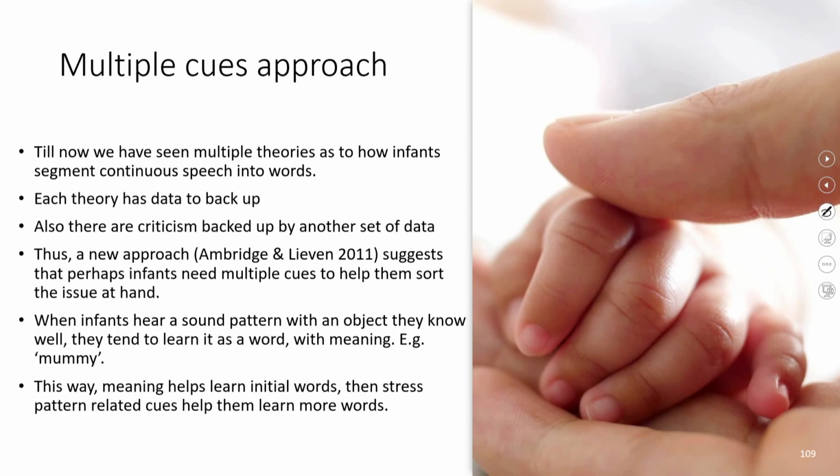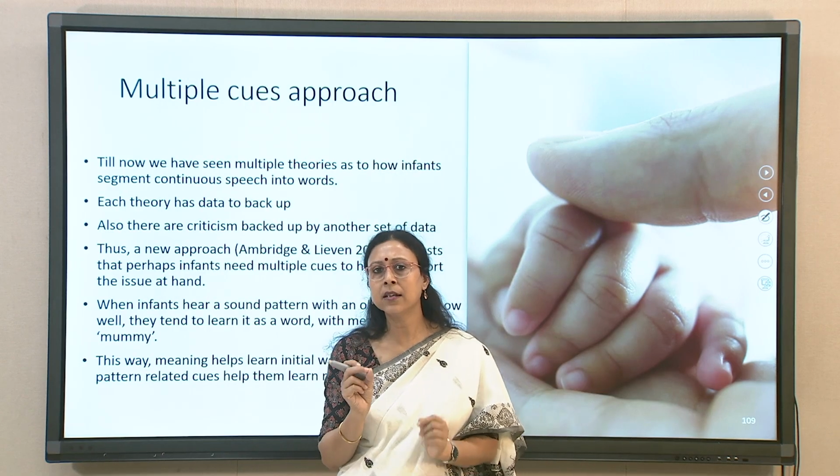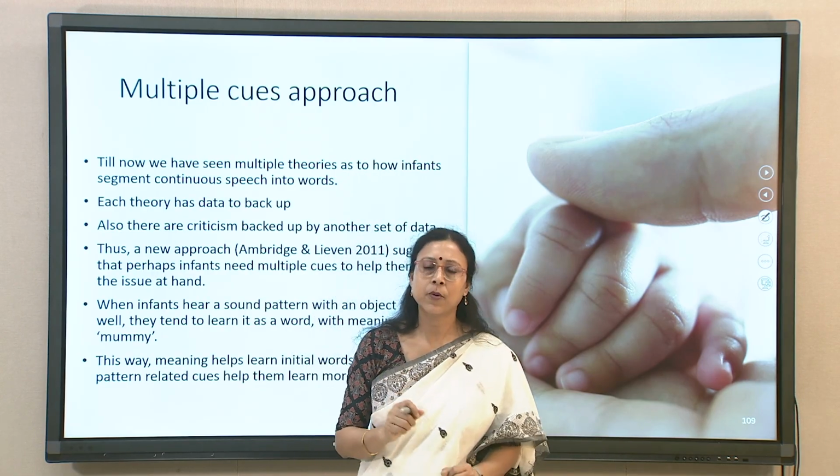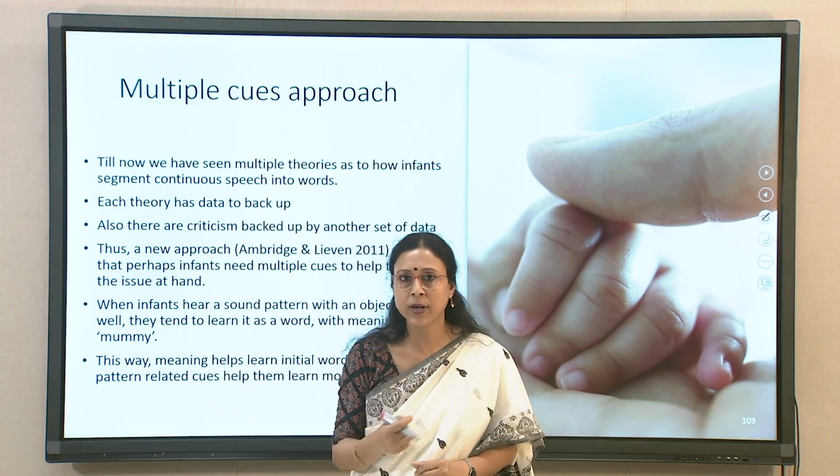Rather than waiting for phonological cues, they match these two very early in life, such as toys and things like mummy. That sound and object pair is always present, and hence the probability of learning it as one unit, one word, is quite high.